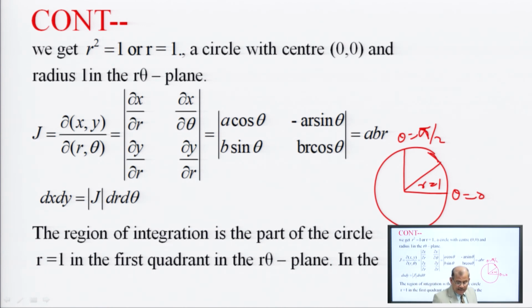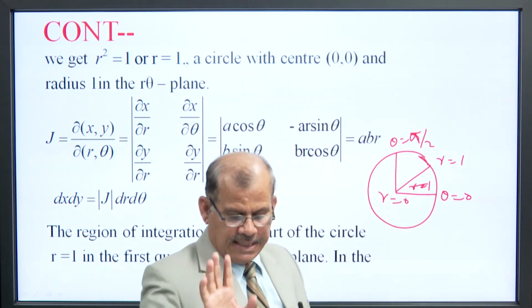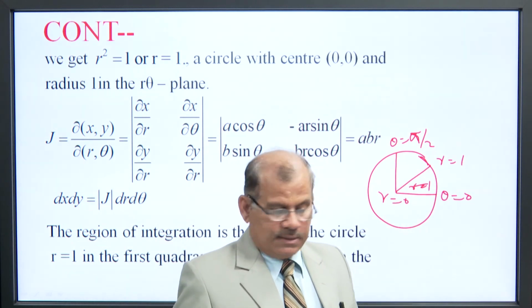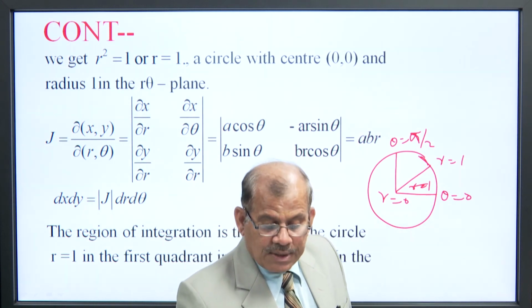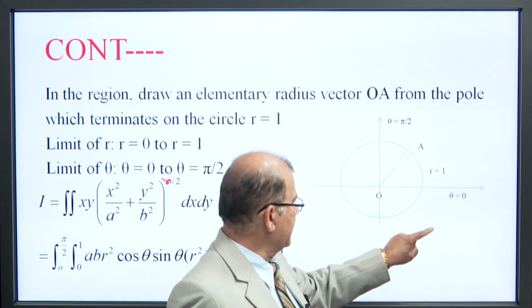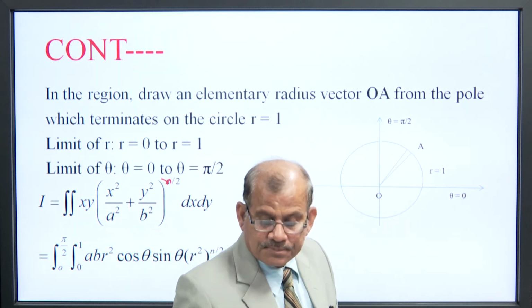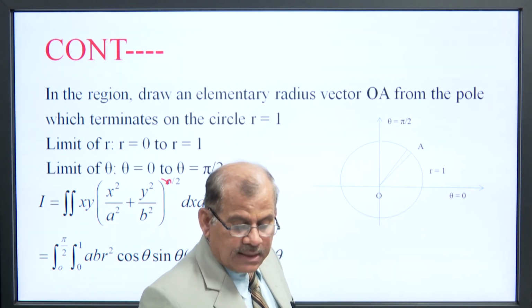The region of integration is theta varying from 0 to pi by 2, and r varying from the pole r equals 0 to r equals 1, in the region we have already drawn.